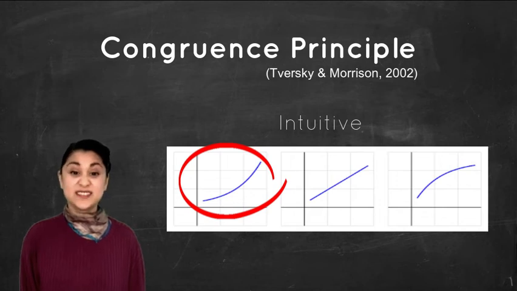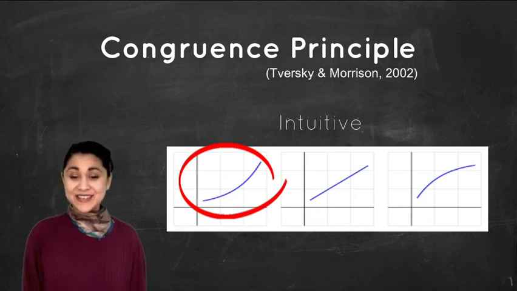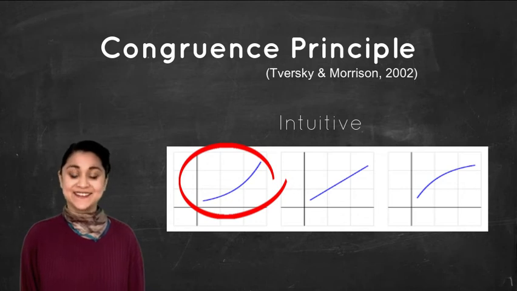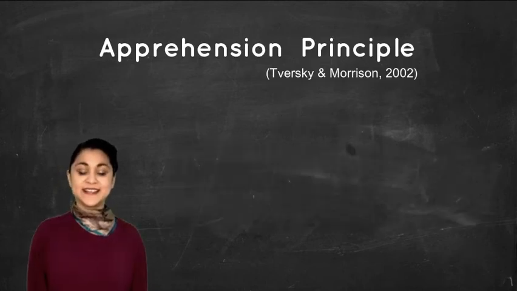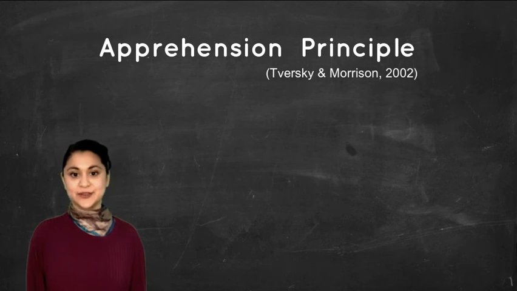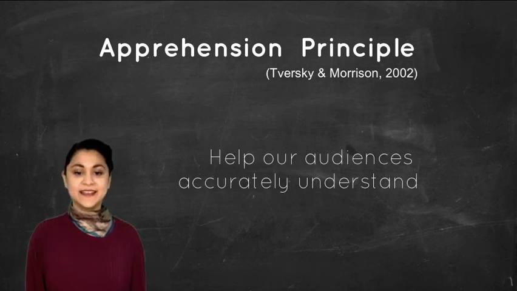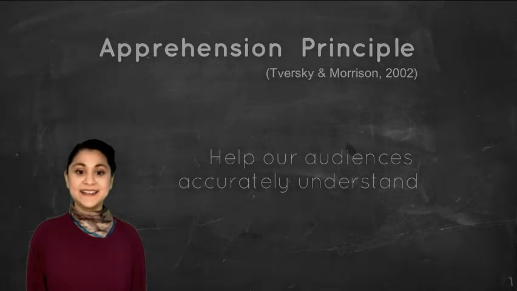In fact, according to Tversky and Morrison, we can see natural cognitive preferences for spatial representations in kids as young as 5 years old. Then, according to the apprehension principle, our data animations should be accurately understood by our audiences.